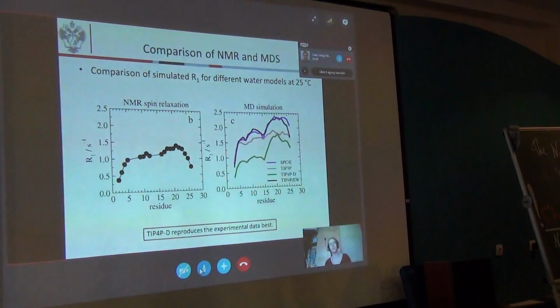And they found that we have to tune the interaction that I showed you in order to get a better representation. So I think it is possible to develop an even better representation of water for the modeling of intrinsically disordered proteins.